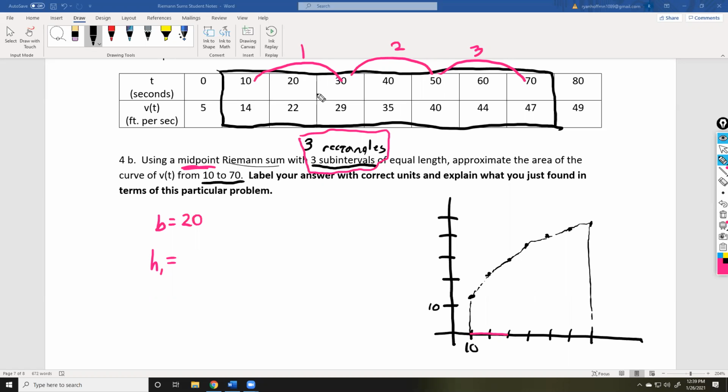So halfway between 10 and 30, which would be 20. So V of 20 is what we're going to use as our height for the first one, which is 22. So 20 times V of 20.